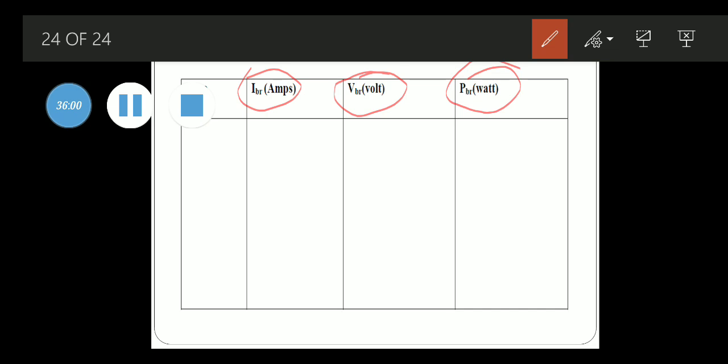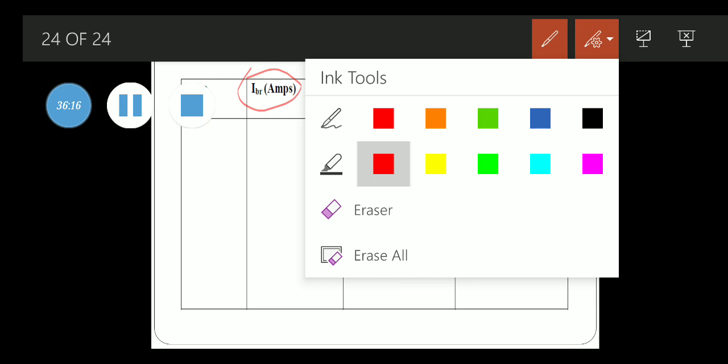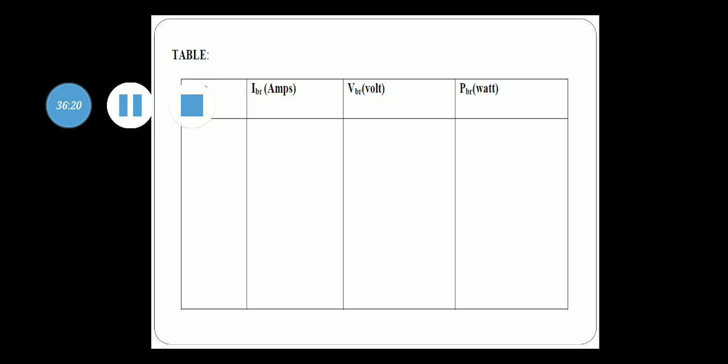This is called reduced voltage being given to the motor. Then we note down the blocked rotor voltage and the blocked rotor power. So this is how the block rotor test can be performed.